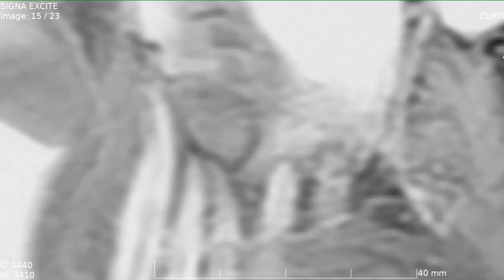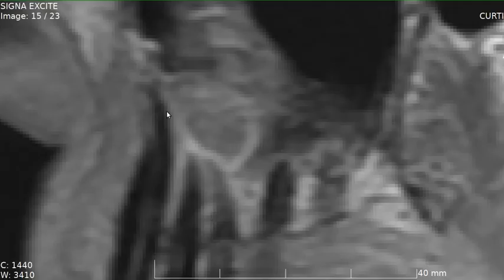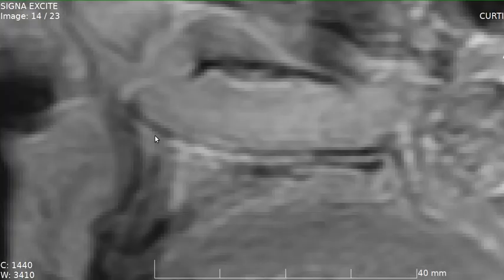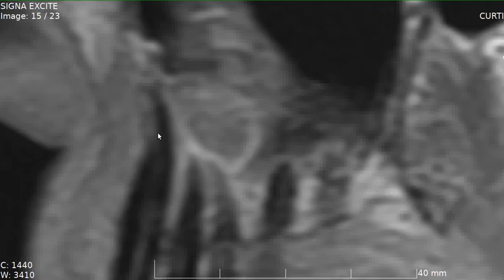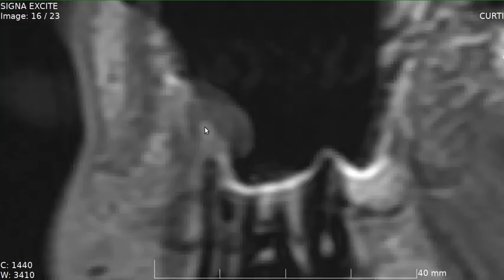But what does interest me is this. Okay, right here in this area, as I go out a little further to the right, here's that cyst, infection, whatever, and it comes down here and goes up here.